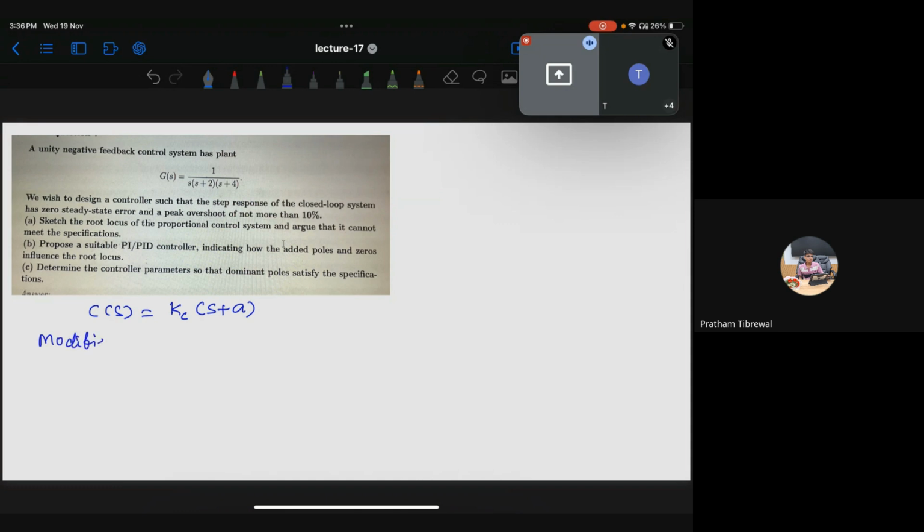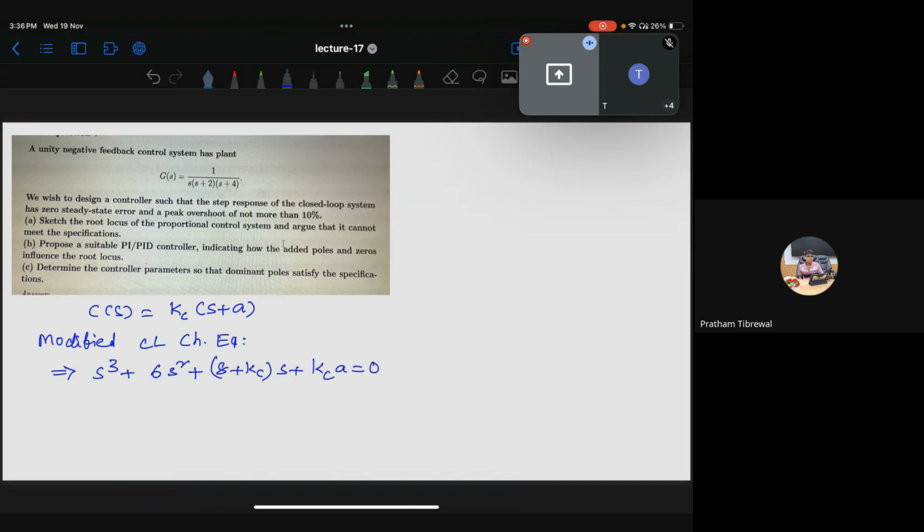By including this, the modified closed loop characteristic equation is S cube plus 6S square plus (8 plus Kc) S plus Kc A equal to 0.